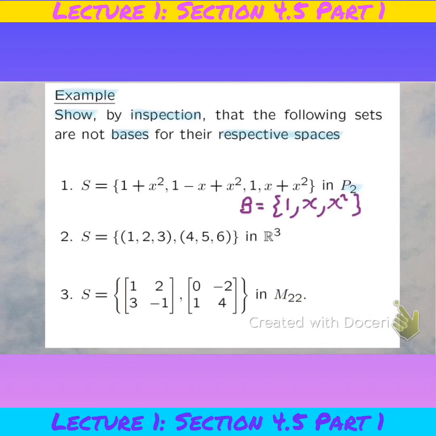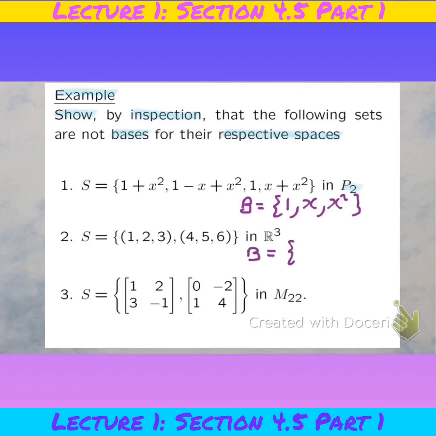If you've got a set S in P2 that has more vectors than the number of vectors in the basis, then that set S is linearly dependent. So obviously S in that case cannot be a basis. Now in R3, what is the standard basis there?